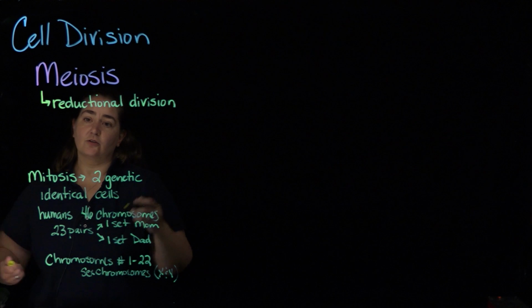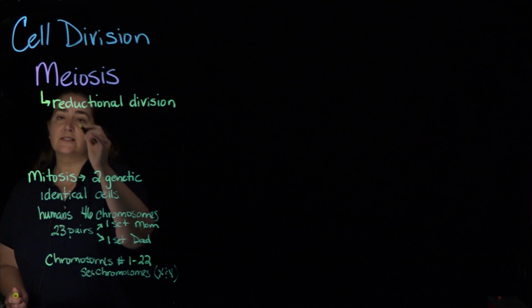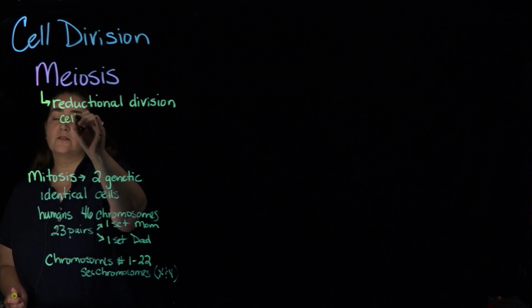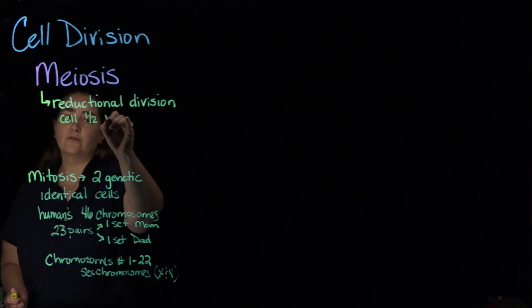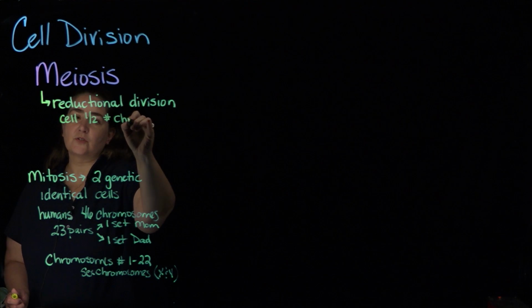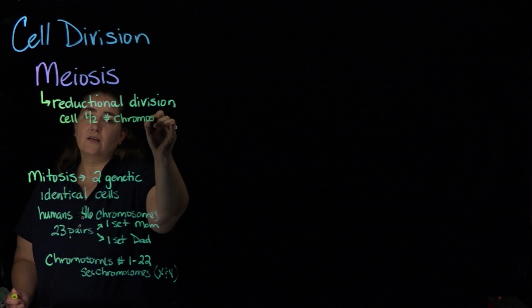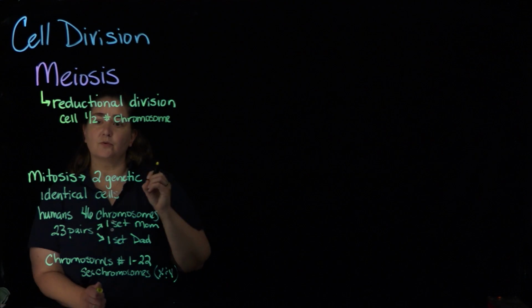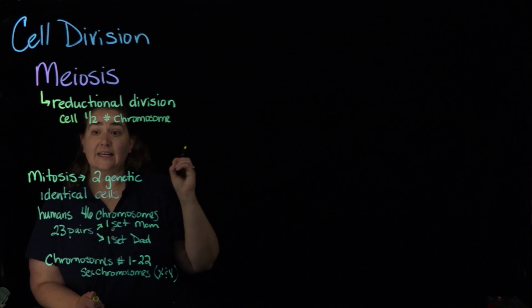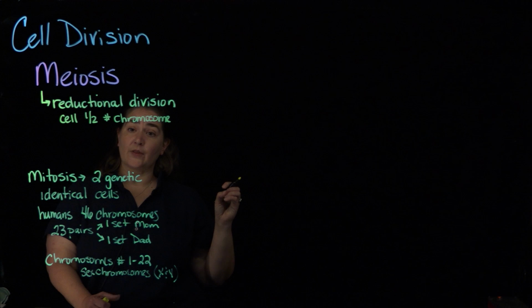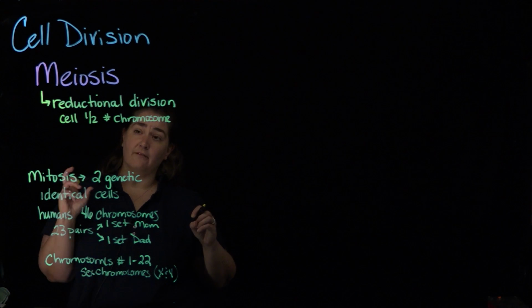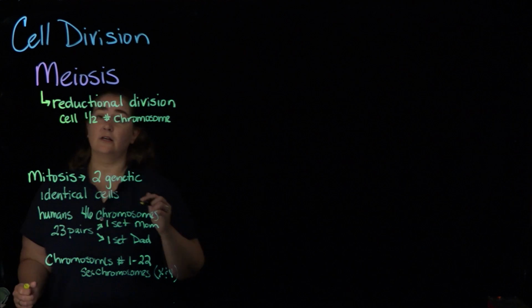Meiosis, you're actually generating a cell with half the number of chromosomes. Because with sexual reproduction, you're going to get half the chromosomes for that organism from mom, half from dad, okay?